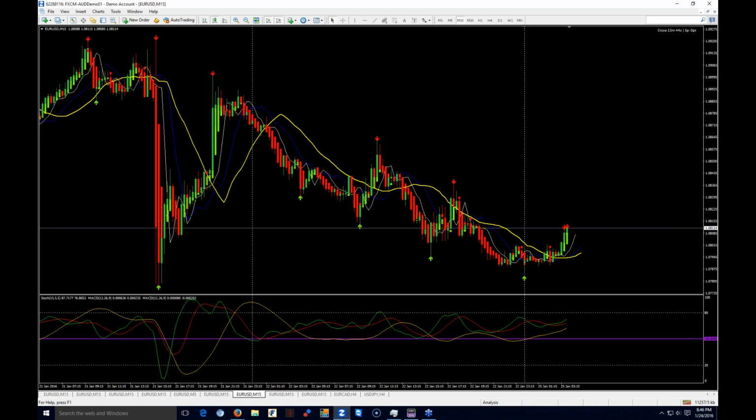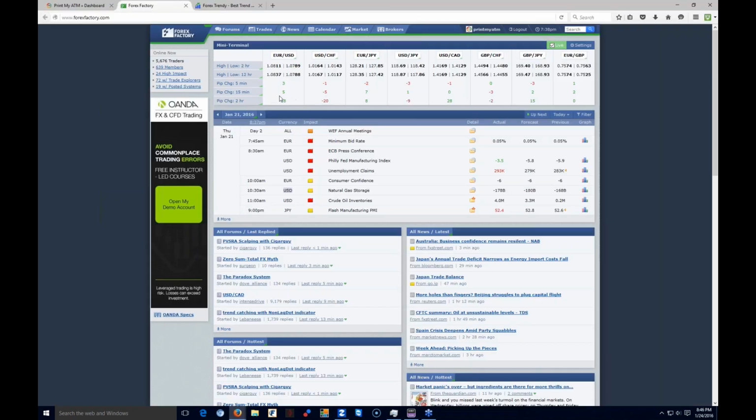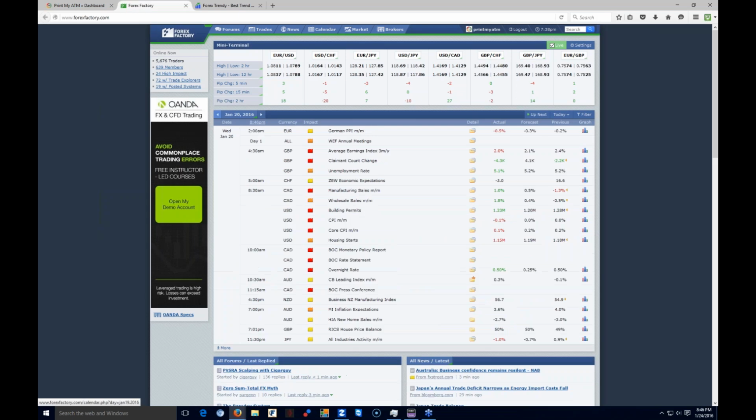Let's see. The GBP has been going really, GBP/JPY, GBP/Swiss franc, man, that thing's been coming out. We can see the 20th right here, Wednesday, 4:30. Let me take a look.